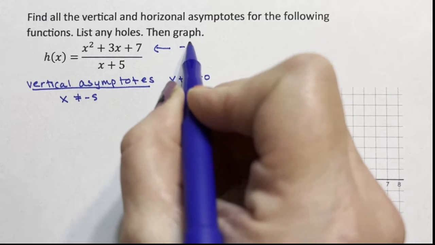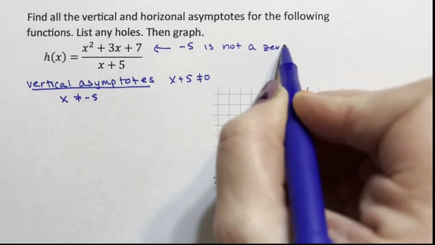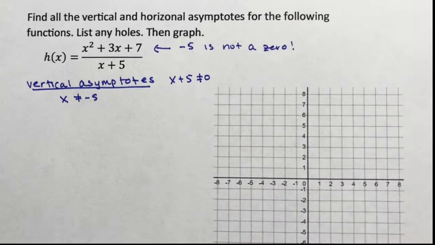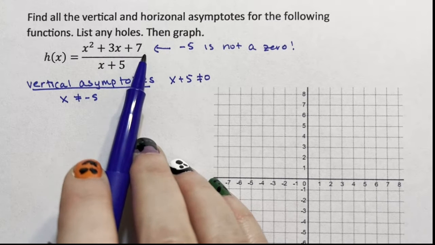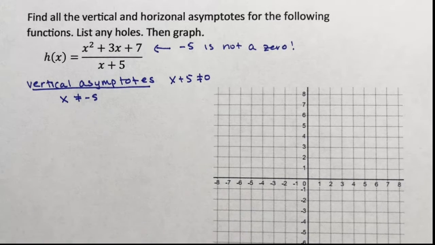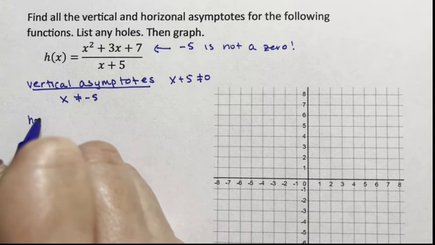So negative 5 is not a 0 of the numerator, so we don't have to worry about trying to factor the numerator. Now, you might look at this and say, well, 1 times 7, 1 plus 7, it's not factorable, but we don't even need to test it if the 0 of the denominator doesn't go into the numerator. That's my point.